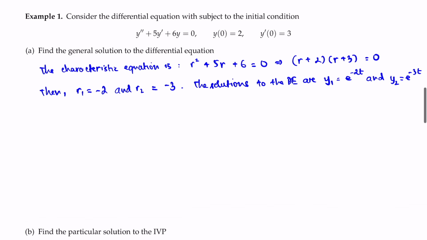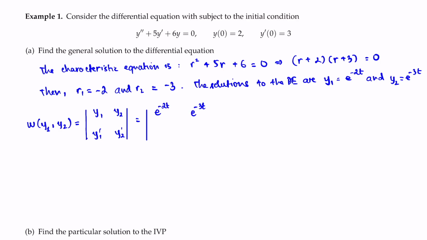So the Wronskian of these two solutions, W of y1 comma y2, is equal to the determinant of y1, y2, y1 prime, y2 prime, and is equal to, so y1 is equal to e to the negative 2t, y2 is e to the negative 3t, y1 prime is negative 2 times e to the negative 2t, and y2 prime is negative 3 times e to the negative 3t.